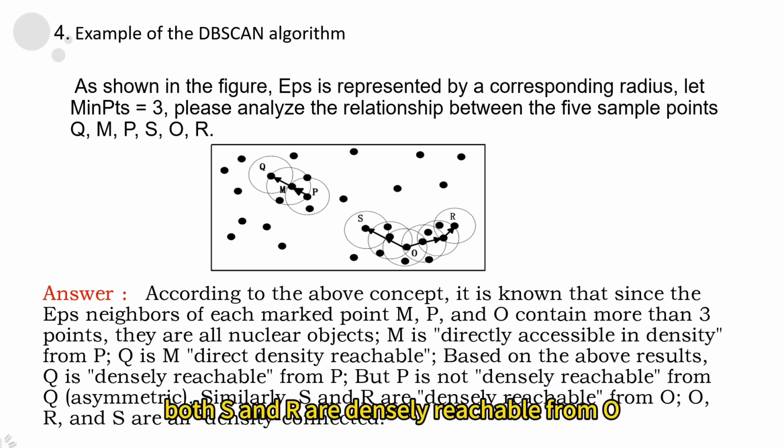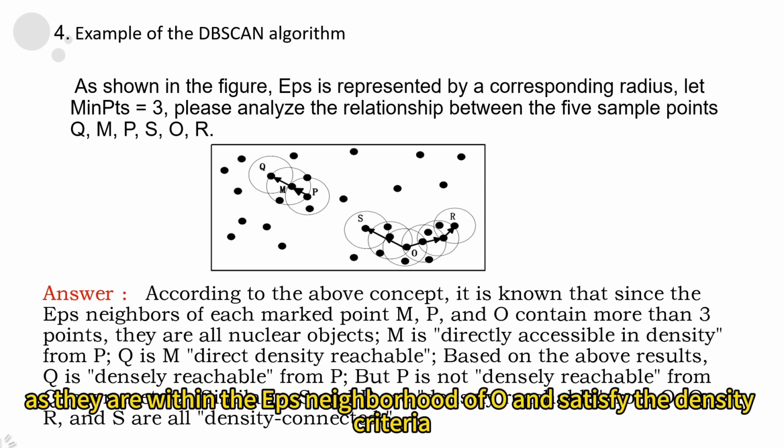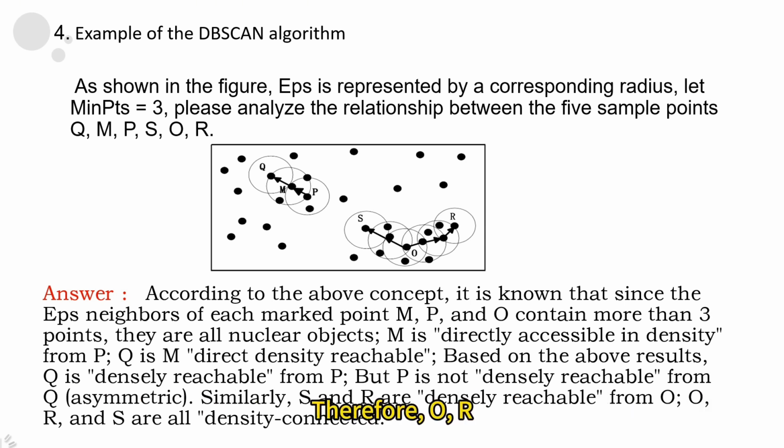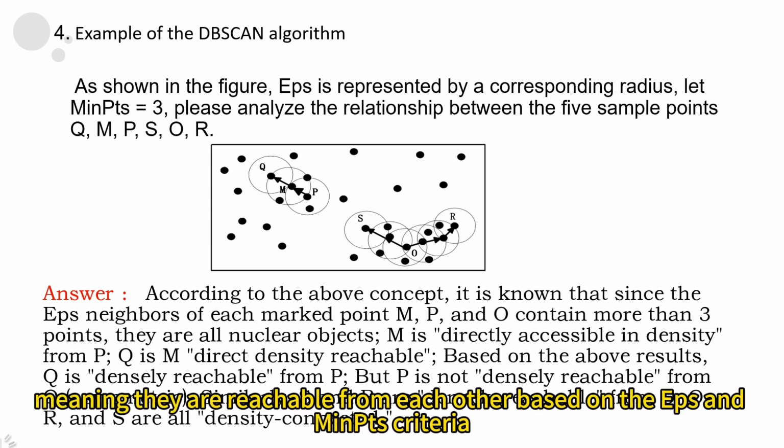Similarly, both S and R are density reachable from O, as they are within the EPS neighborhood of O and satisfy the density criteria. Therefore, O, R, and S are all density connected, meaning they are reachable from each other based on the EPS and MinPts criteria.